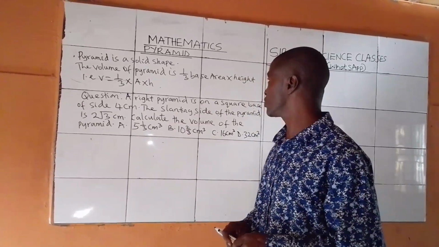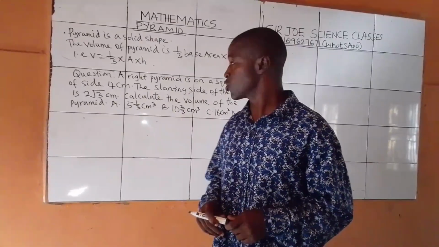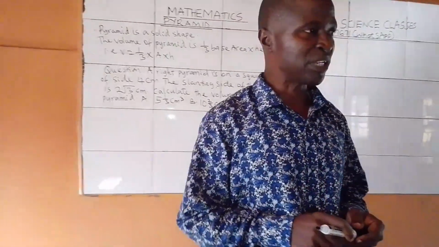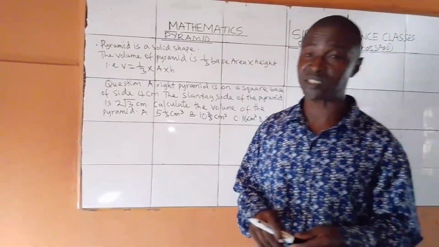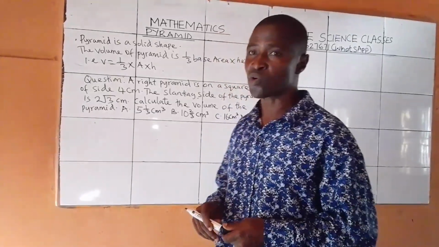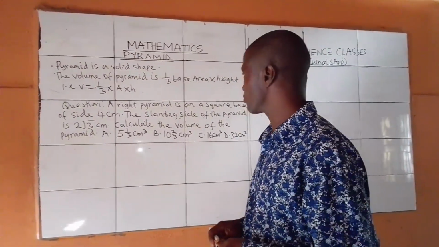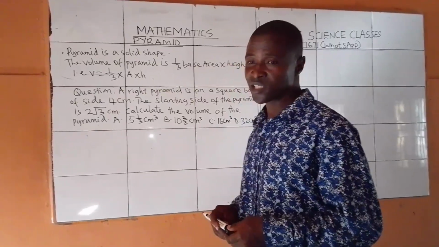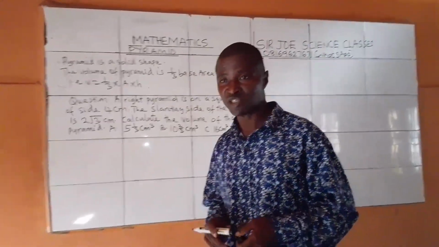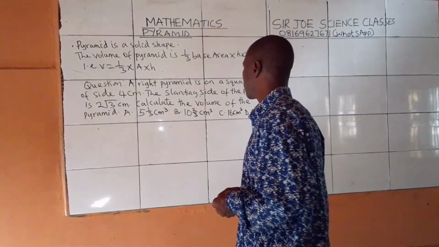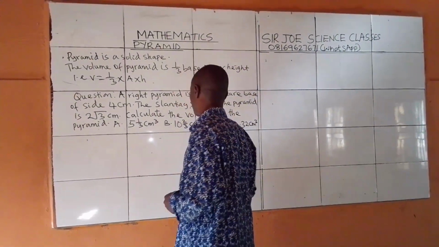Pyramid is a solid shape. The volume of a pyramid is 1/3 base area times height. That is, V equals 1/3 times A times H, where A is the area and H is the height.